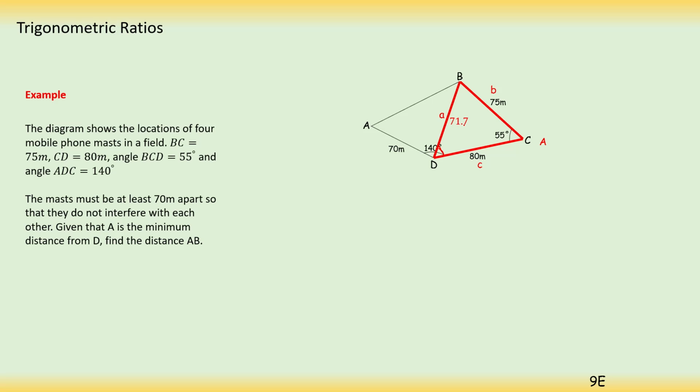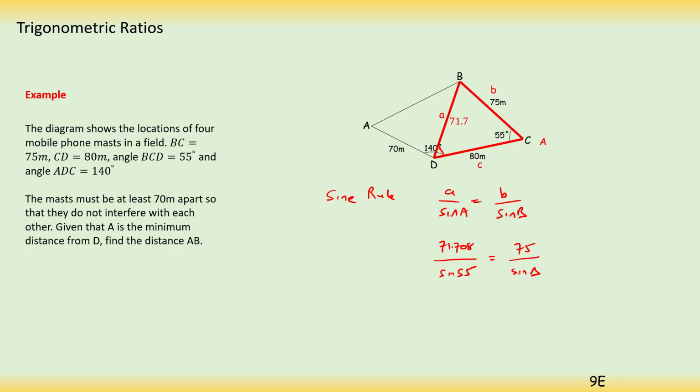I know this angle is 55 and the opposite side is 71.7, so I can use the sine rule: a over sine A is equal to b over sine B. So let's plug in what we know. a is 71.708 over sine 55 is equal to 75, that's b, divided by sine B.